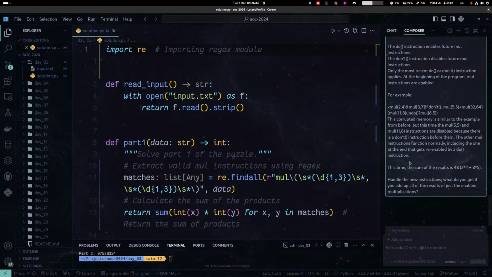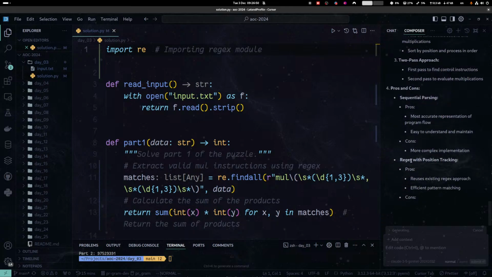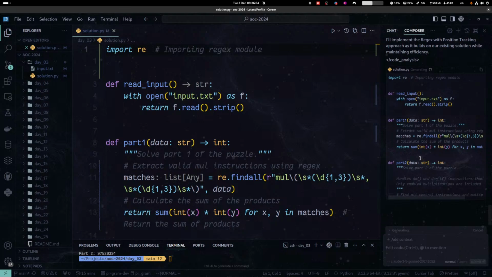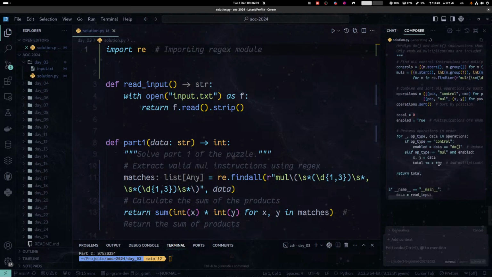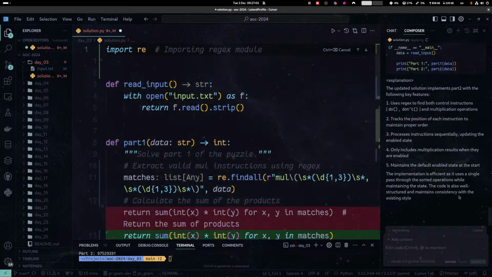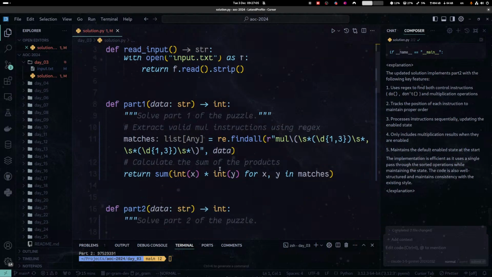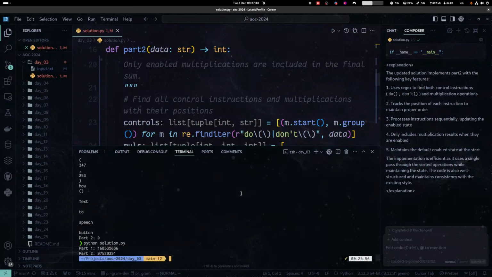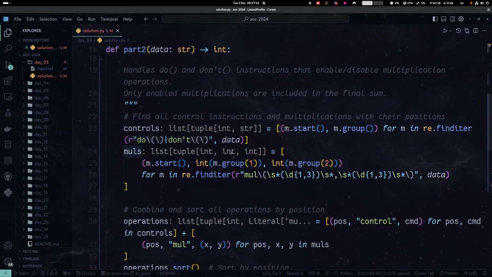And let's see. The answer is different, but will the result be the same? Yeah, it's the same. All right, let's figure out what is the solution.